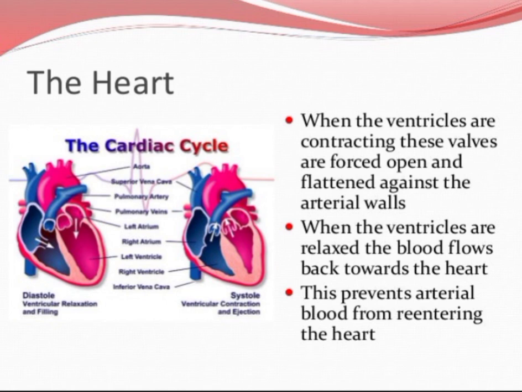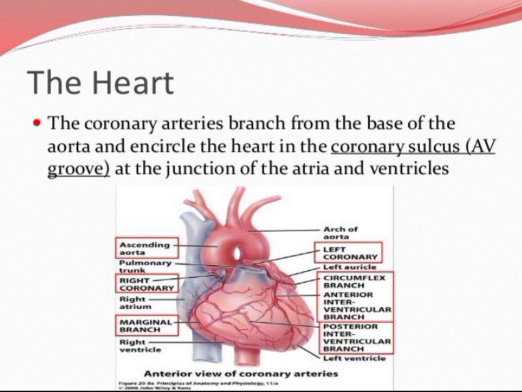Here they have given a little bit of description of the cardiac cycle. The coronary arteries branch from the base of the aorta and encircle the heart in the coronary sulcus, the AV groove at the junction of the atria and ventricles.